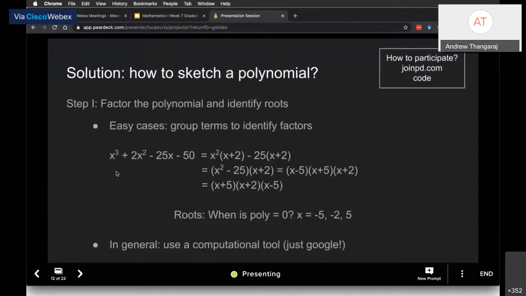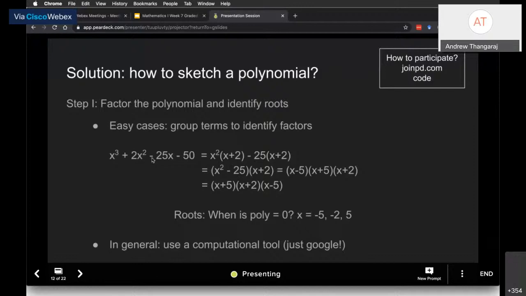In case it's not easy, you may have to fall back on a computational tool. In exams, this trick is important to learn: try to group the first 2 terms and the last 2 terms so that you get a common factor. This is grouping-terms factorization, a very common approach for exams.